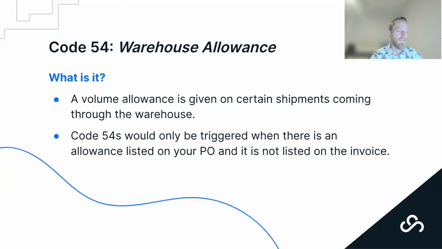Once you agree to give this allowance, Walmart will start issuing new POs against a 9-digit sequence related to this agreement. And when they send you that order, they should specify on the EDI purchase order the allowances they expect to receive. And when you go to invoice them, if you leave that allowance off your invoice, then Walmart will take it as a code 54 deduction, if it is a warehouse allowance that you've agreed to give. So if you see that code 54, that's what it's related to.